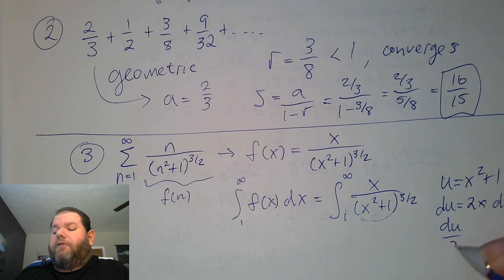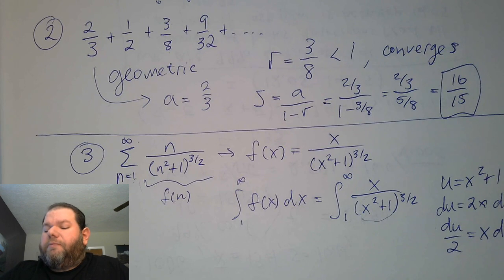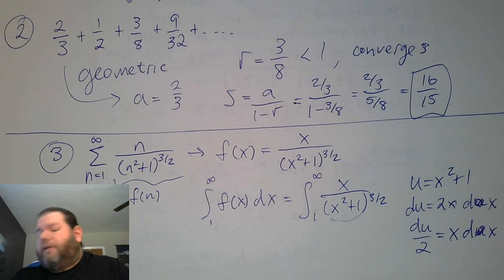So we don't have the 2 though, so we'll say du over 2 is x dx. Sorry, I'm off the screen too, so it's not helping anyway.